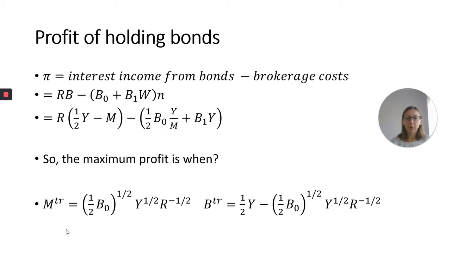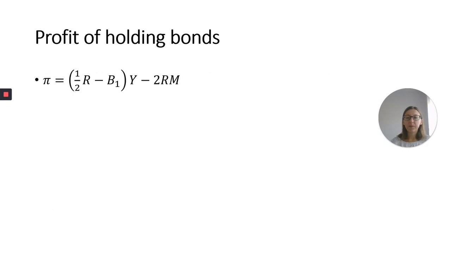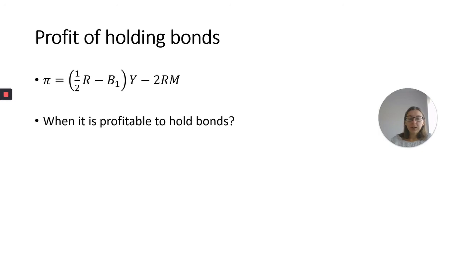So on one hand, we get a very similar function to the one we had previously. But if we put the optimal value of money and optimal value of bonds in this profit function, that's what we would say. This would give us the optimal profit we can get and what affects it. So when is it profitable to have bonds, even though a person makes these profit maximizing decisions?